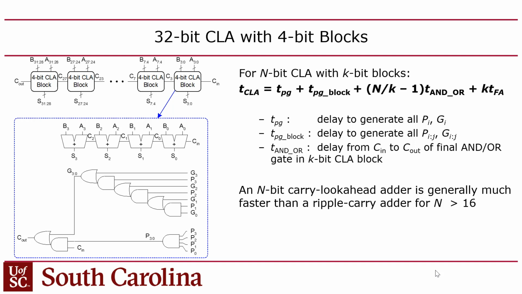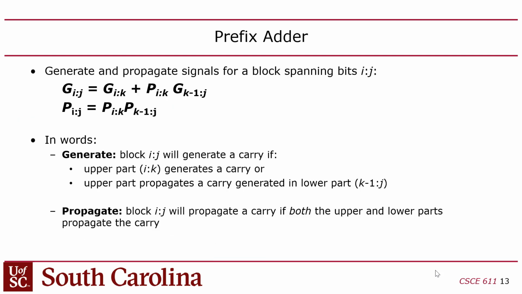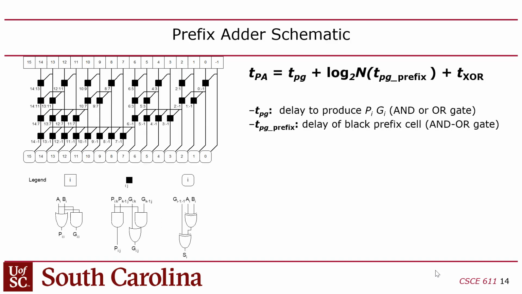But then we talked about this prefix adder. And the prefix adder's goal is to also build up these generate and propagates for blocks. But instead of just doing it in 4-bit blocks, or k-bit blocks, they're built up incrementally, first from pairs of columns. So at that first level you get pairs of columns, so you get propagate and generate, for example, like bits 14 down to 13, right?